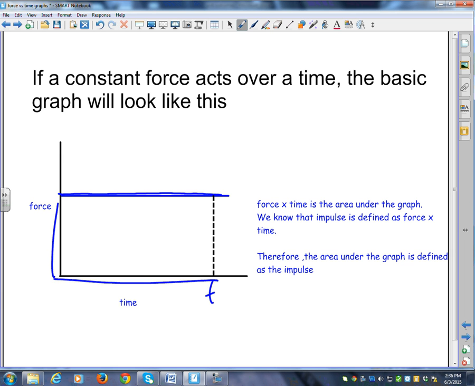Length times width. An impulse is defined as force times time. Therefore, the area under the graph is defined as the impulse, which is the letter J. And when I say under, if the graph is below and it's negative, then I really mean the area between the graph and the time axis.